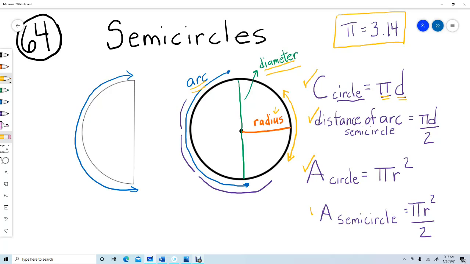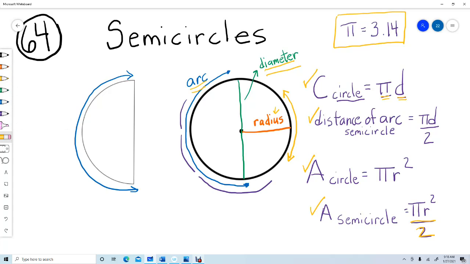And likewise, look at the bottom formula there. The area for a semicircle is going to be the same pi r squared as the area for the full circle divided by 2. So that's just half. So the whole principle here is that now we know how to find the value of the distance of the arc of a semicircle using the same formulas for a circle, and we can also find the area of that semicircle using the formula for a circle and dividing each of those in half.